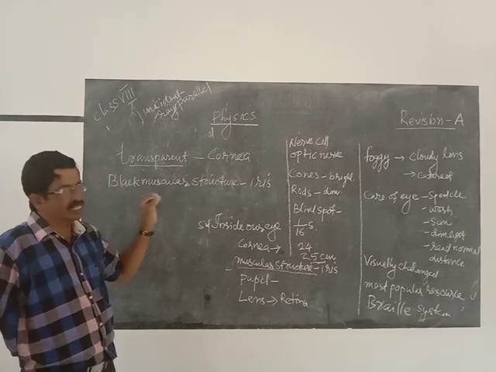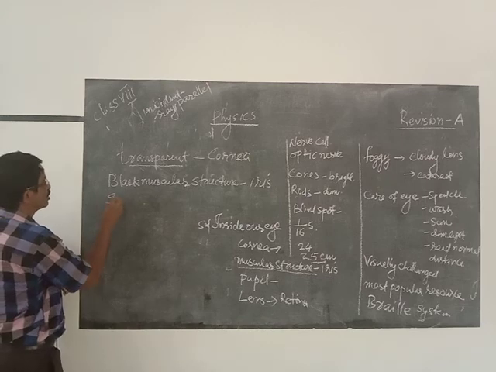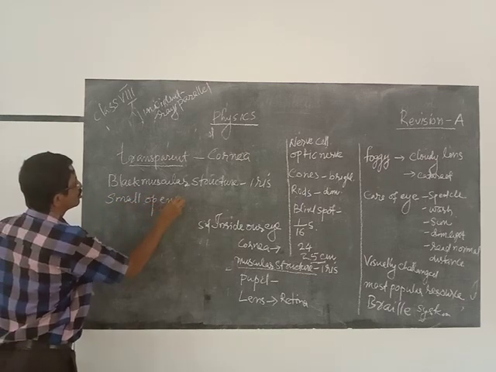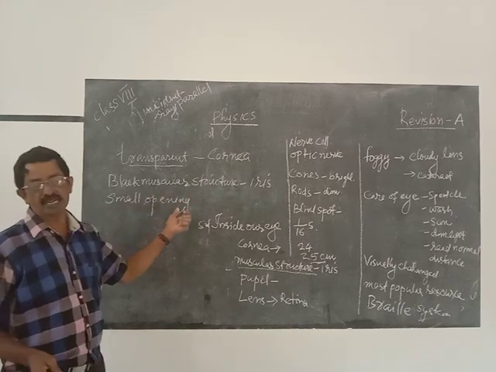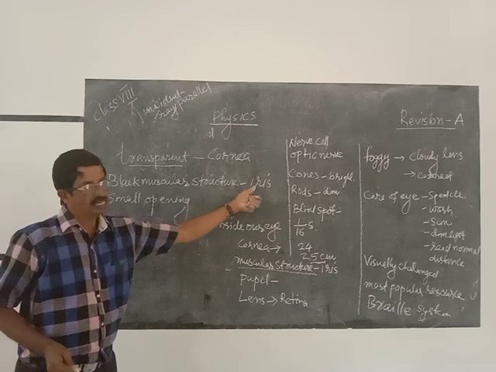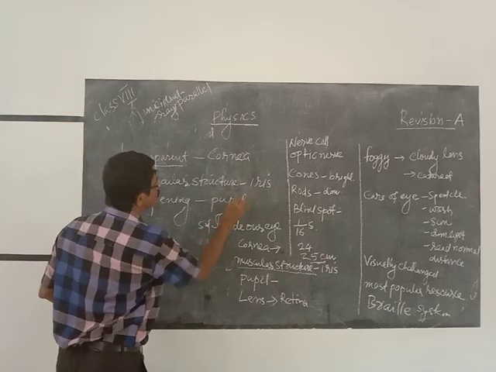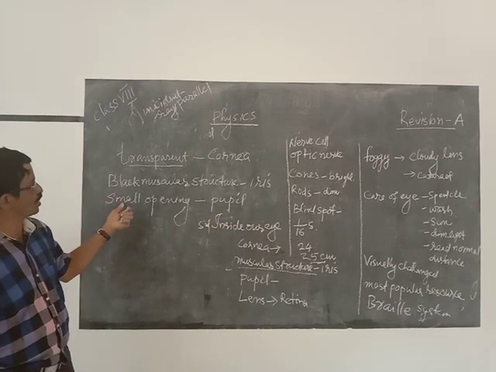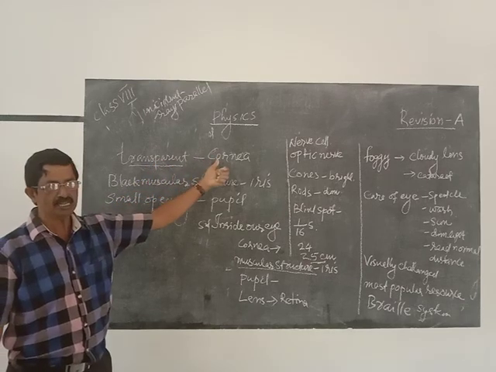In the iris there is a small opening, and that part is called pupil. The front transparent part of the eye is cornea.